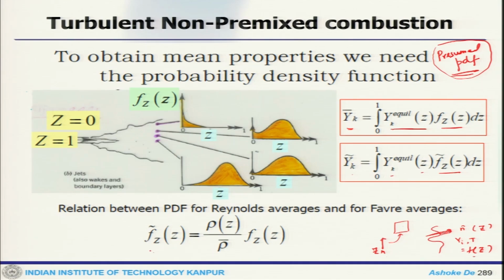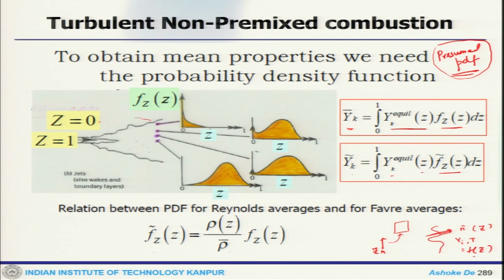So, the Favre average distribution function would be rho(Z) by rho bar F(Z). Now, if you look at this Z which comes in, this is your oxidizer Z0, this is fuel Z1. At this particular location, the probability distribution function will look like this, because this is closer to the oxidizer side.